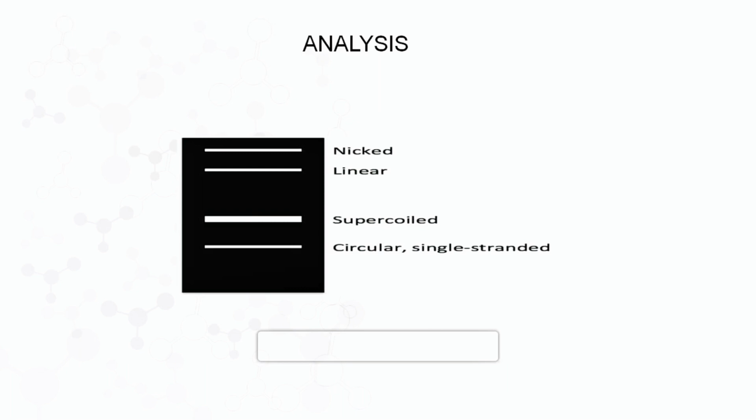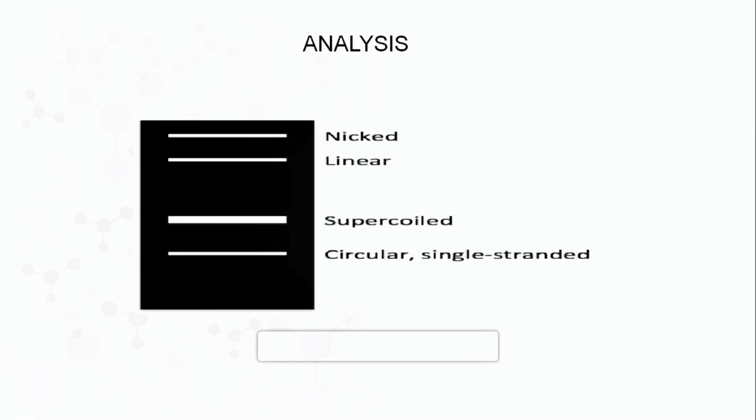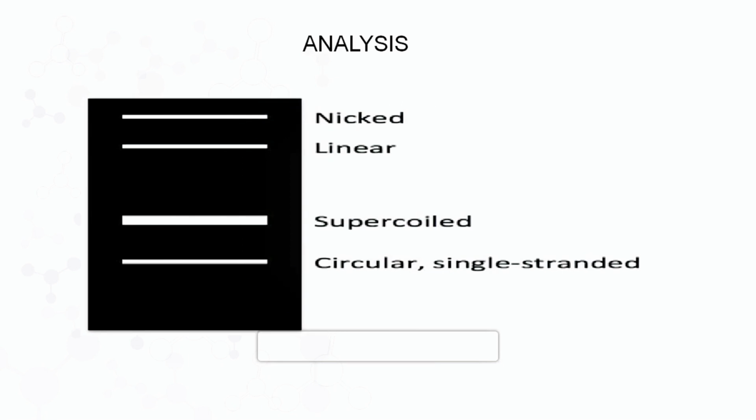The majority of your isolated DNA will be supercoiled DNA, but other forms can also be observed. This picture represents how many forms will show up on an agarose gel in terms of relative migration speed, as shown in the diagram.